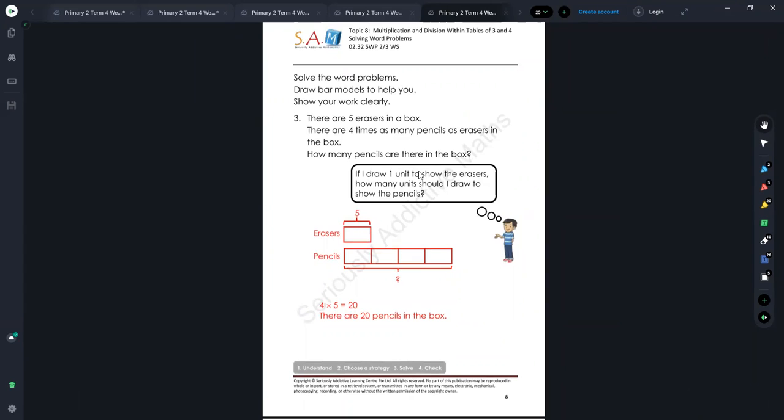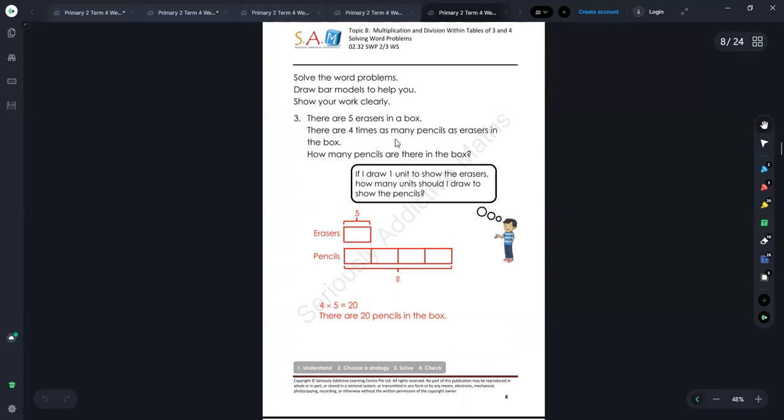There are 5 erasers in a box. There are 4 times as many pencils as erasers in the box. So that means the pencils are 4 times more. To draw this, they start by drawing erasers, 5. One rectangle or one square to represent the 5 erasers.